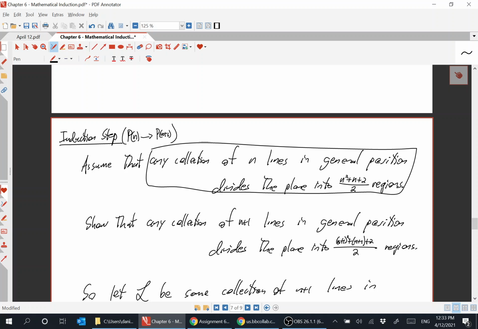So assuming that's true, now show that any collection of n plus 1 lines in general position divides the plane into this many regions, ((n plus 1) squared plus (n plus 1) plus 2) over 2. All right, so assuming n lines does the job we want it to, show that n plus 1 lines does the job we want it to.